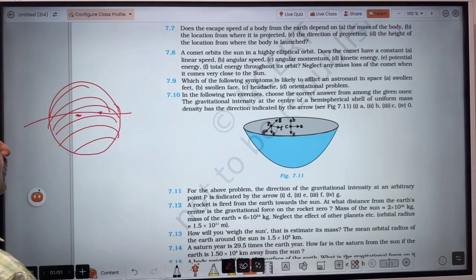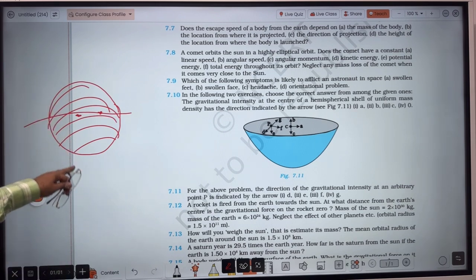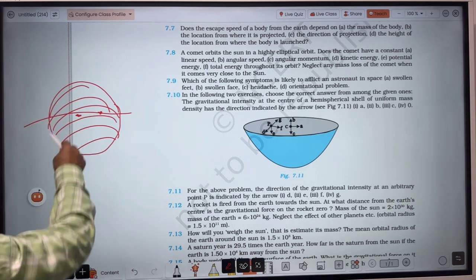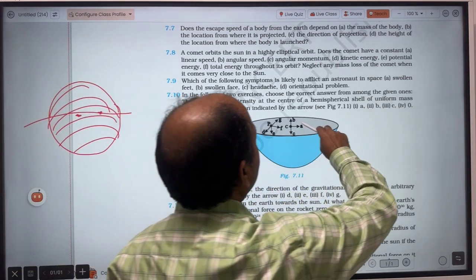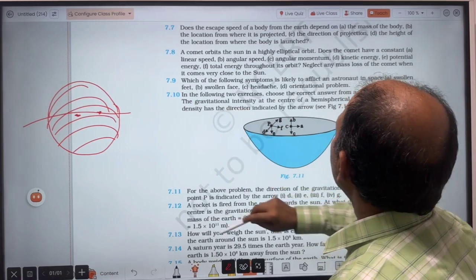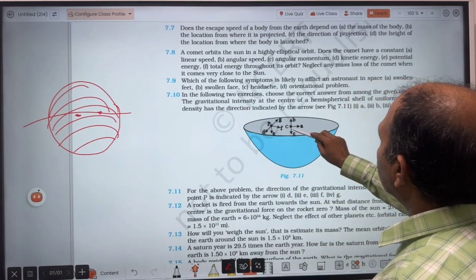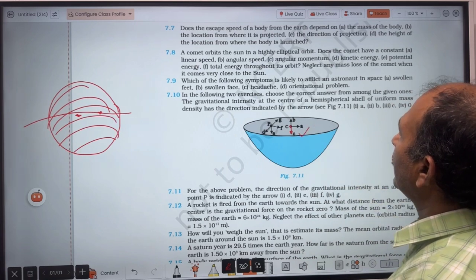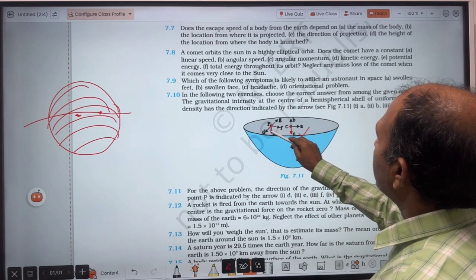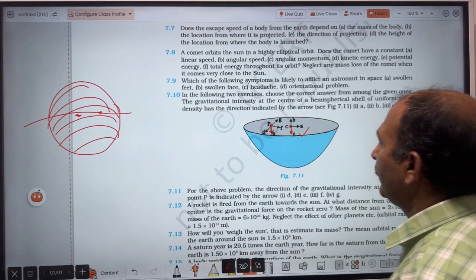But if the upper portion is removed, then this intensity will be in the direction of the heavier portion, or in the direction of greater concentration of mass. So in both the cases, in question number 7.10, at this point intensity will be like this. At this point, intensity will be like this. Is it okay?